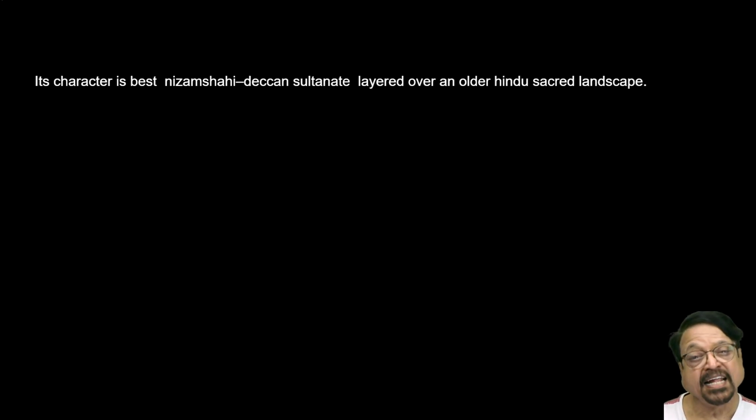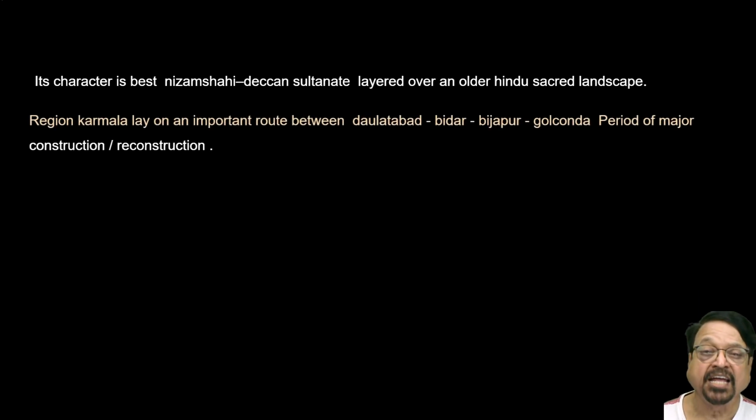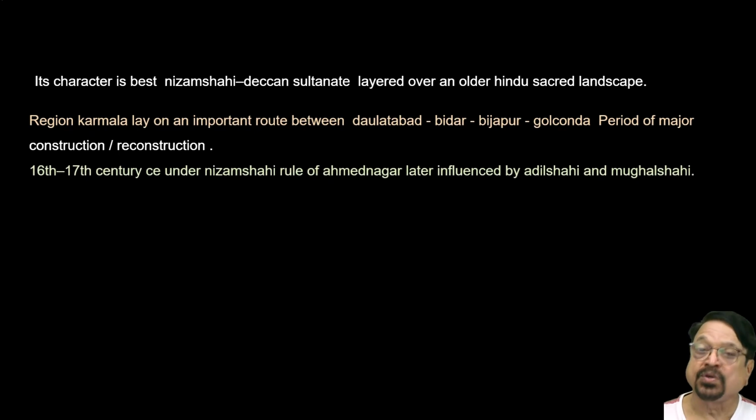Again, it was modified in the Sultanate of Nizam Shahi. So you will find the effect of all these things, and basically it is because it is on the route of Daulatabad, Bidar, Bijapur and Golconda. So these were the dynasties for which this area was common. Moreover, a lot of the trade was going on by this route.